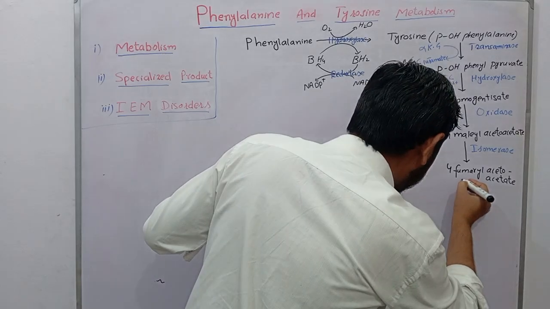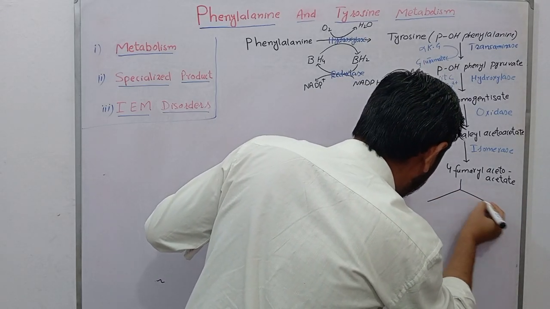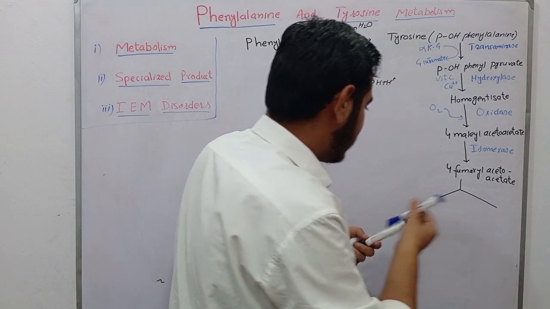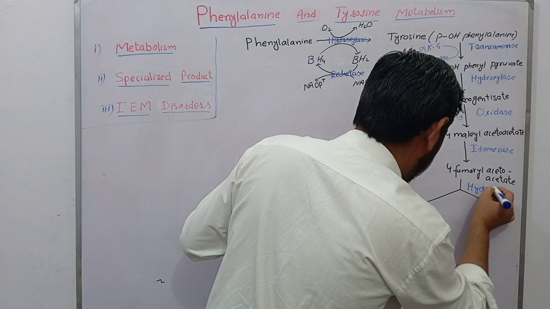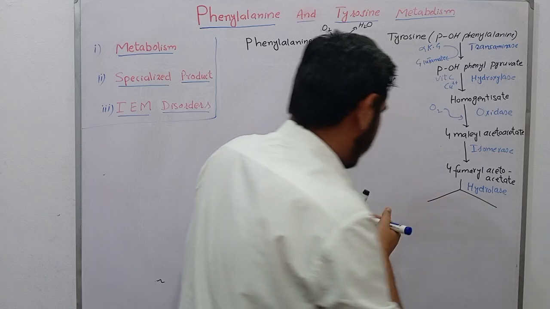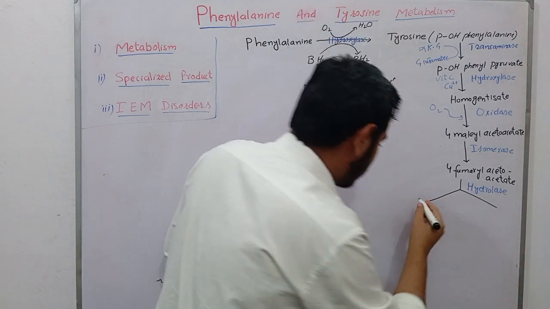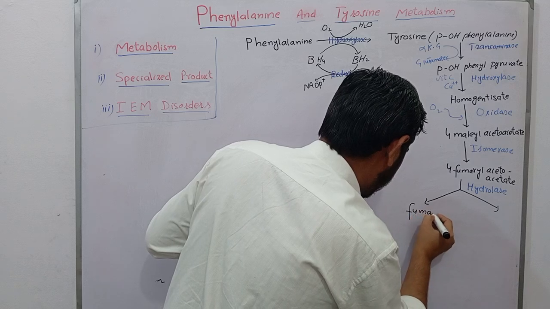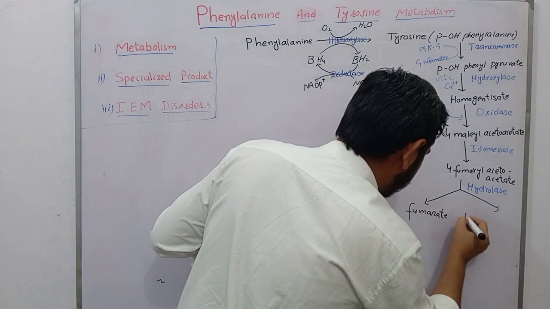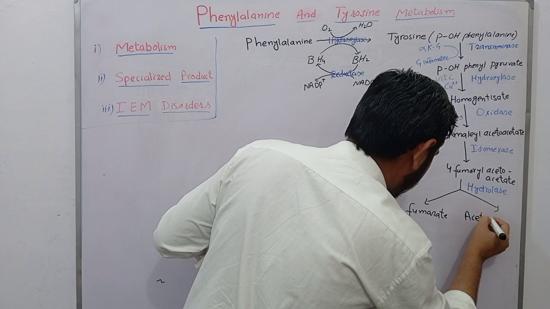In the next reaction, there is the action of hydrolase enzyme, and it leads to the formation of fumarate and acetoacetate.